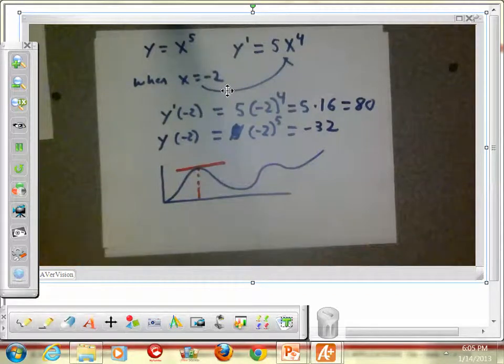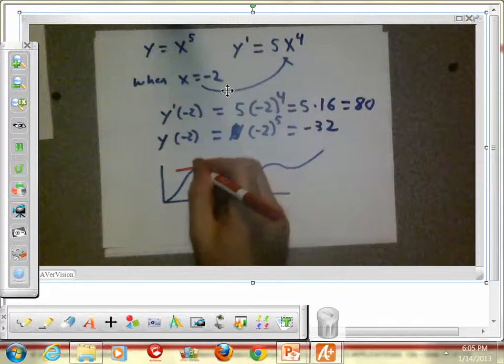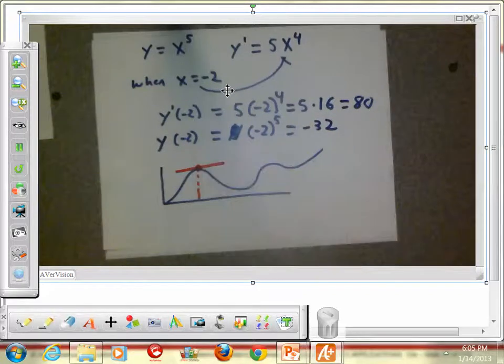So both the tangent line and the curve share this point over here. And if I knew the slope of this line, I'd be happy telling you how fast the curve was changing at this point. So that's the tangent line, right?